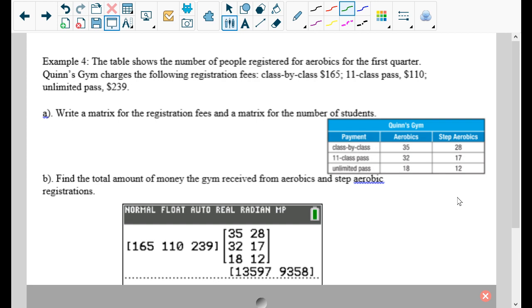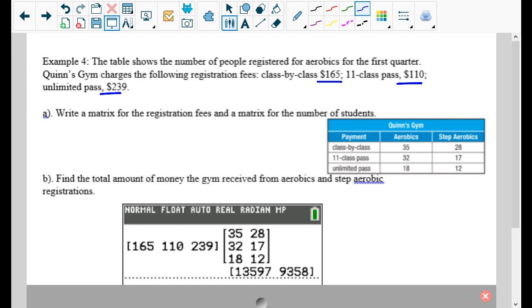So I have to think about this a little bit. I only have 3 prices, right? So I have 165, 110, and 239. Now, to find the price for each, I need to multiply them.